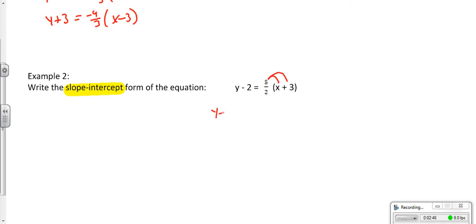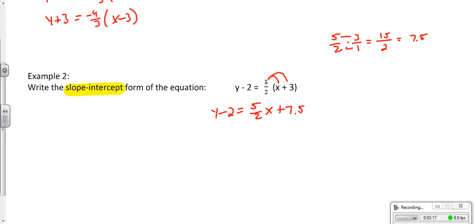We have y minus 2 equals 5/2 x plus 5/2 times 3, which is 3 over 1. 5 times 3, top times top, we get 15. Bottom times bottom, we get 2. So 15 halves, and we can reduce that down to 7.5.